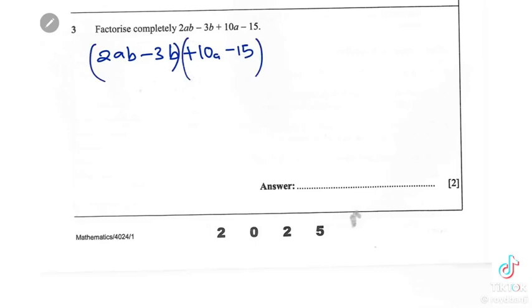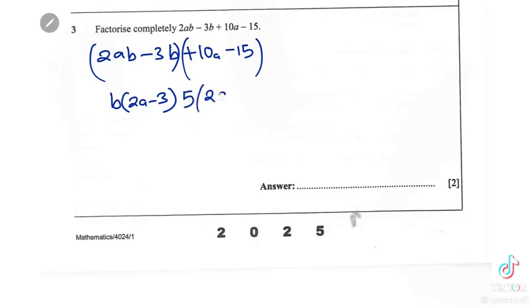In the first bracket, what is common? b is common. What remains? 2a minus 3. In the second bracket, what is common? 5 is common.